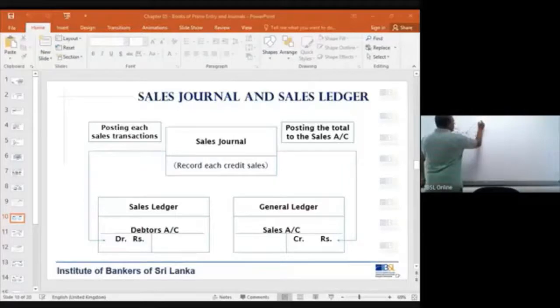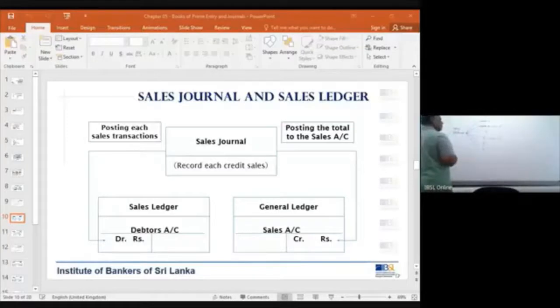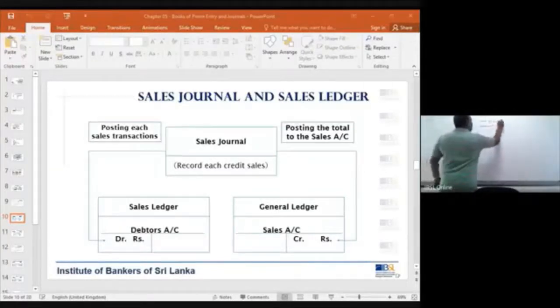So likewise, let's say debtor A, debtor B, C, D. Let's say debtor B comes and settles the amount, and even D also settles. But the rest of them are not yet settled.